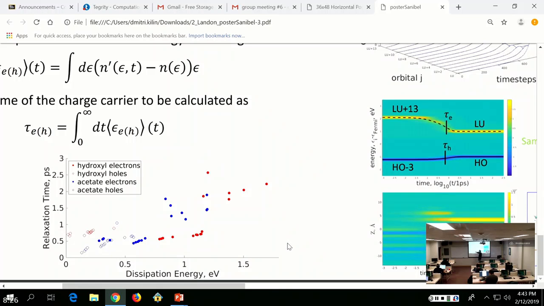So you can see there's a local energy gap. It obeys the energy gap law in local segments, but it doesn't appear to obey the energy gap law globally, at least in most cases. The holes seem to obey the energy gap law, while the electrons don't really.